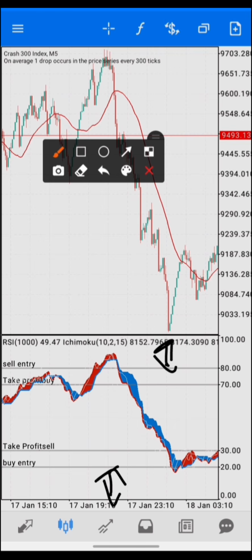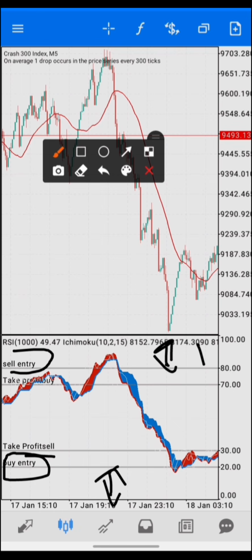Okay, 0 to 20, that's where we look for buying opportunities. I highlighted here, you can check right here, there's a buy entry, and right here there's a sell entry. So this is the second confirmation.